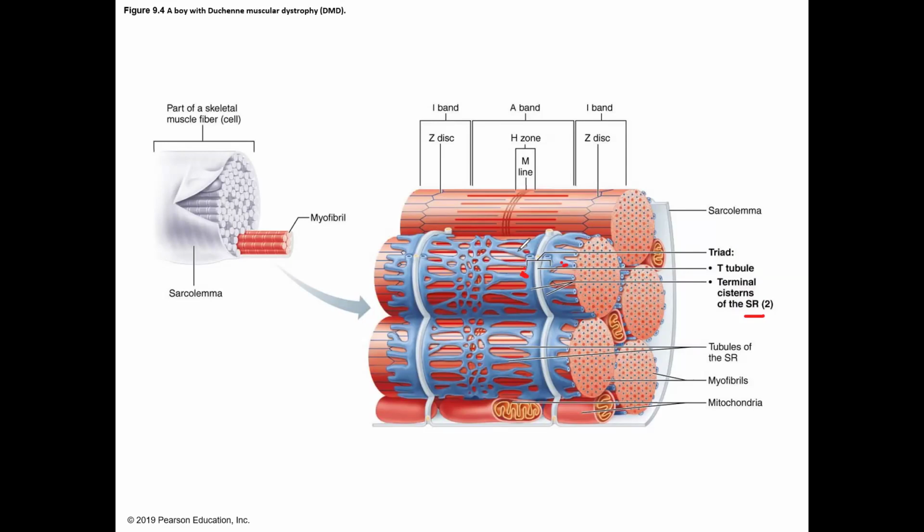These two sides of the SR are called terminal cisternae. And in the middle is an infolding of the cell membrane, the sarcolemma. So this infolding of the sarcolemma is called a transverse tubule. So it makes sense. Two sides, 1, 2 of the terminal cisterna, and down the middle, the transverse tubule make what's called a triad, referring to 3.